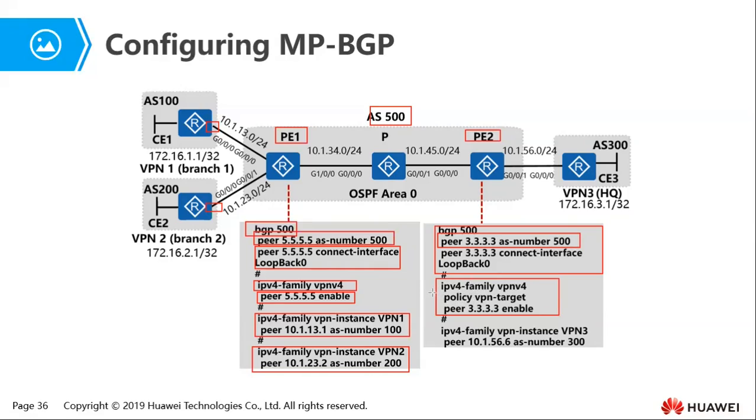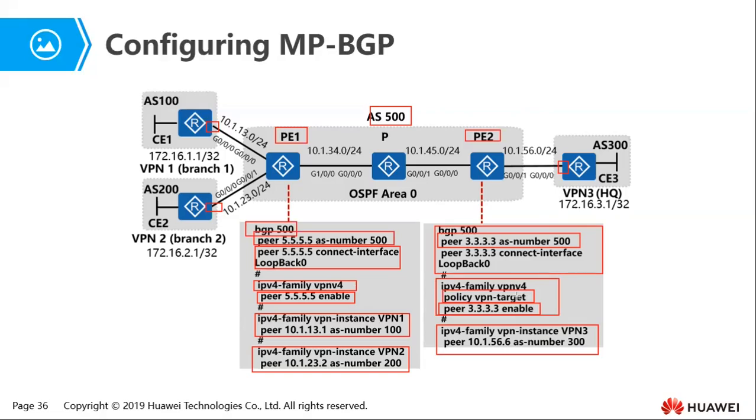Then we use policy vpn-target, meaning that we import routes from the VPNv4 routing table to the VRF table, using the route target to do that. Then we enable the peering, and we also peer to that particular interface.